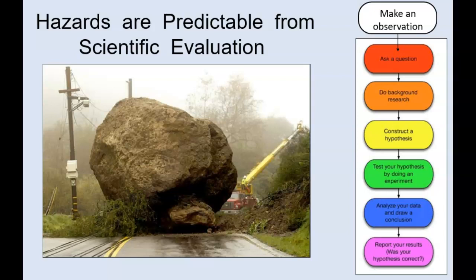So if we think the boulder fell due to the oversaturated slope, then if more rainfall occurred soon after that, more sediment might roll down the hill again, for example.